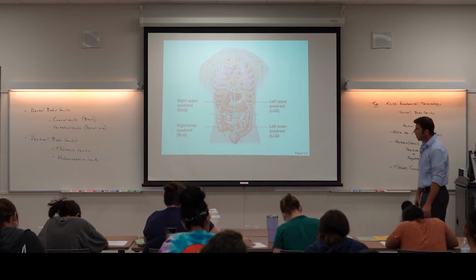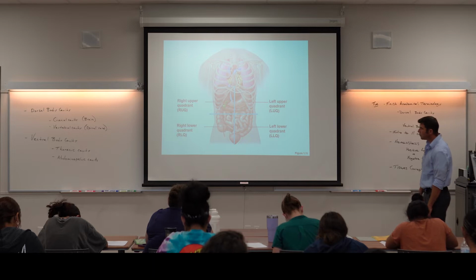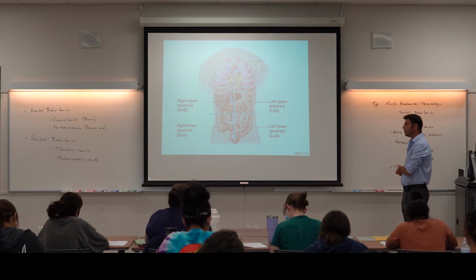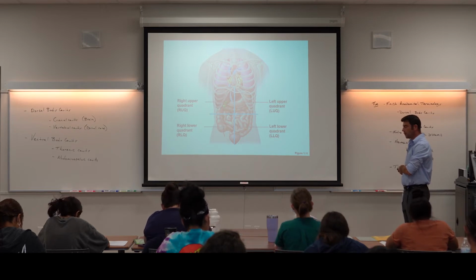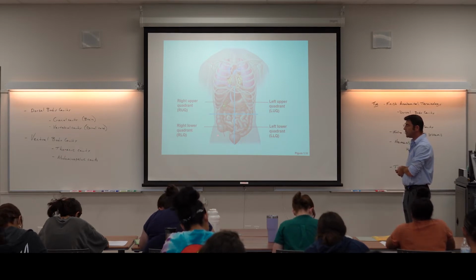This isn't as commonly used as what we will see next, the 9 abdominopelvic regions, but it might be worth noting that if you are talking to somebody that's having pain in the right upper quadrant, then that could be something to do with the liver or the gallbladder, potentially. If it's the right lower quadrant, maybe it's pain coming from the appendix.